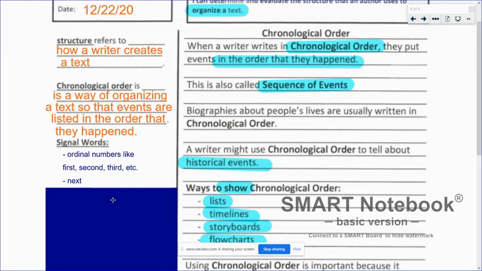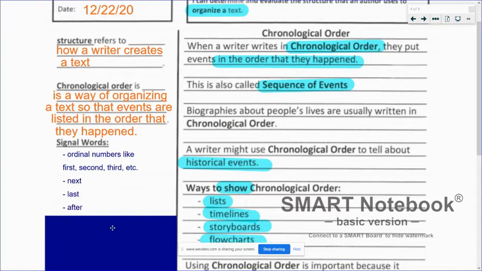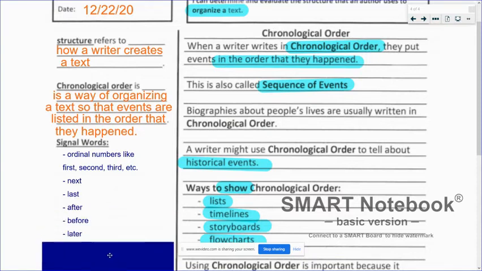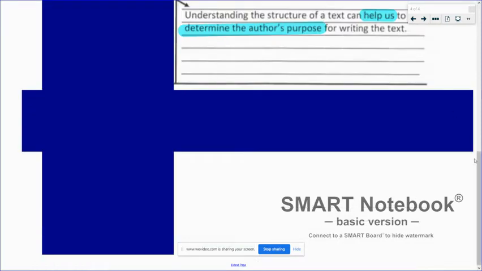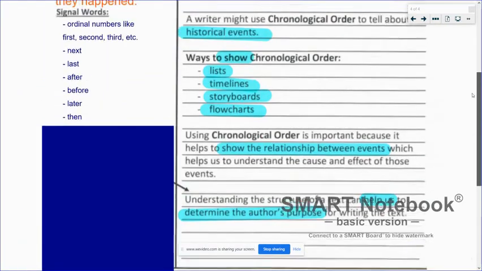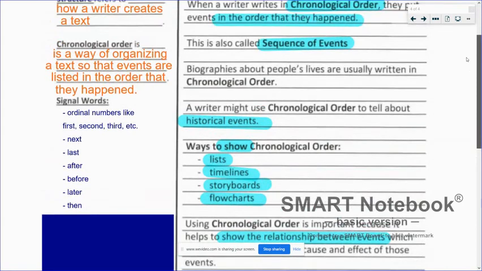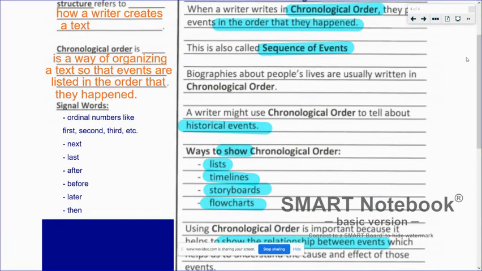You also might see the word next, last, after, before, later, then. These are possible words that could show up that would give you the hint that this is organized chronologically. So please make sure you get those signal words down.